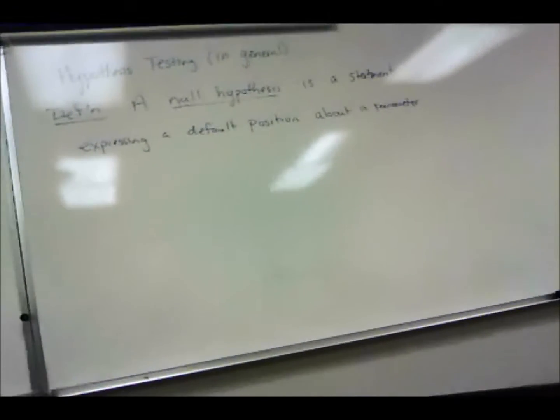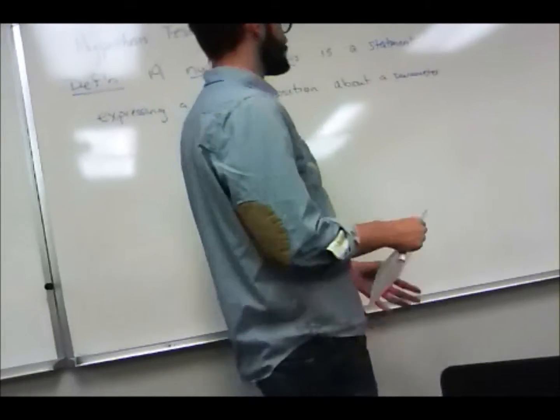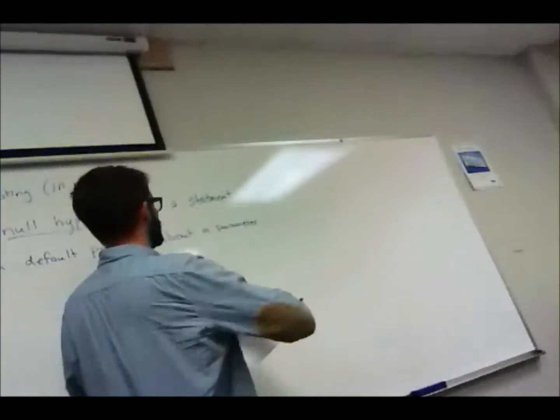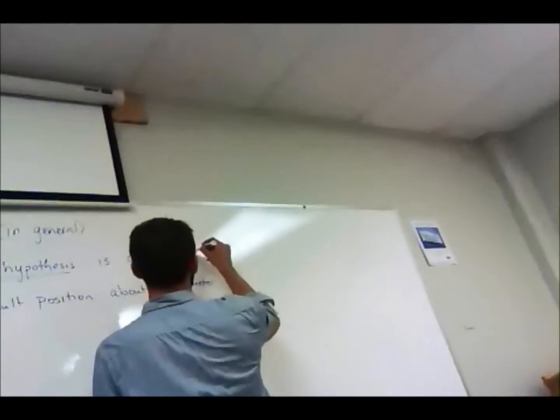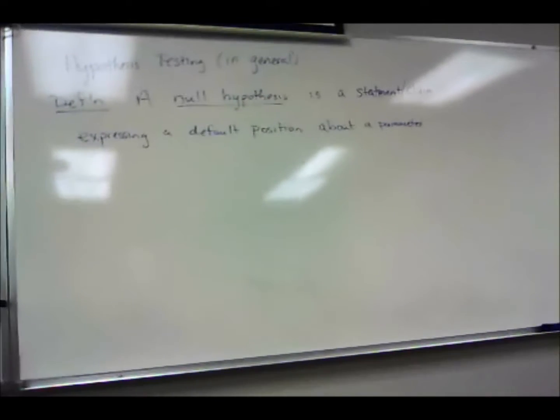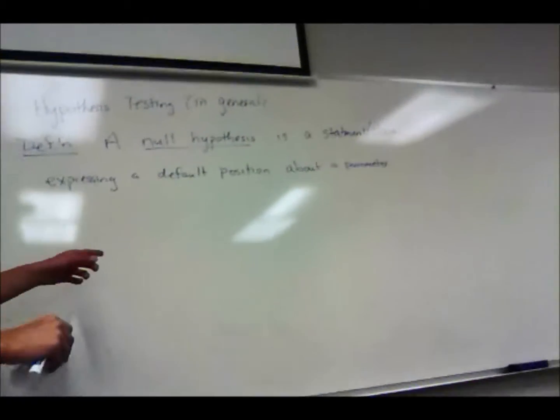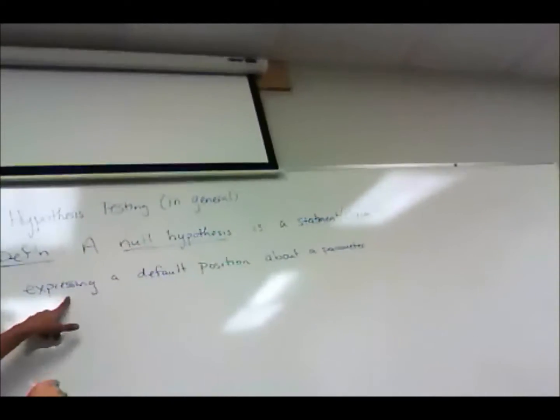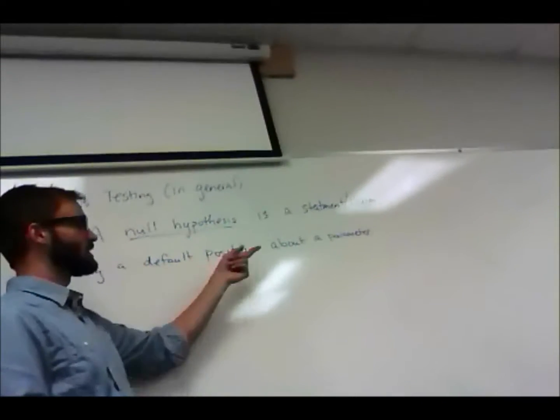Well, we should know, a statement or a claim, we might use these words interchangeably. So a claim is just a factual statement. It's a statement that can either be true or false, right? So a null hypothesis is a statement or a claim expressing a default position about a parameter.